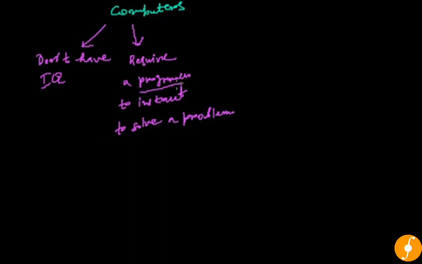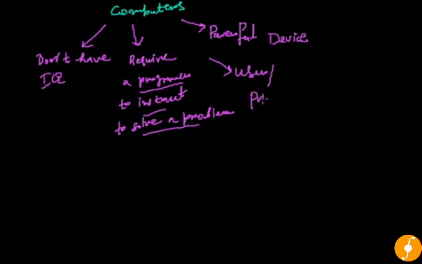So it requires a programmer who can instruct the computer to solve a problem. A computer is a powerful device and it can process powerful calculations as well, but that can only be done if it has a particular user or programmer working with it. Basically a computer cannot think. The thinking is done by the programmer.